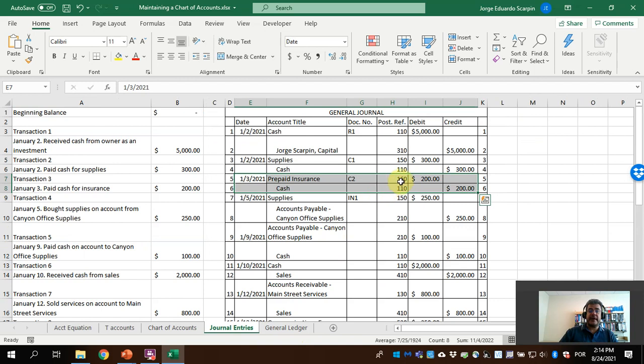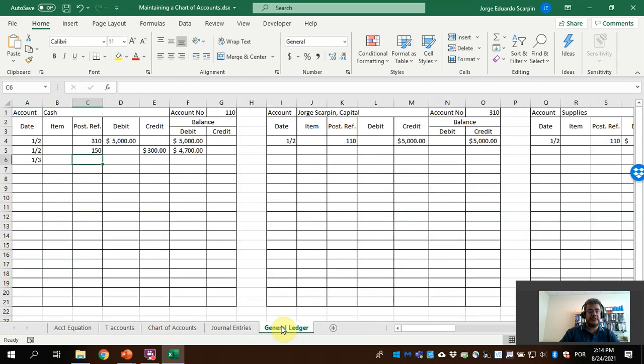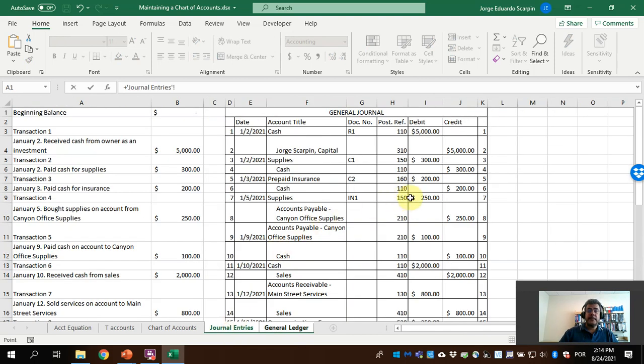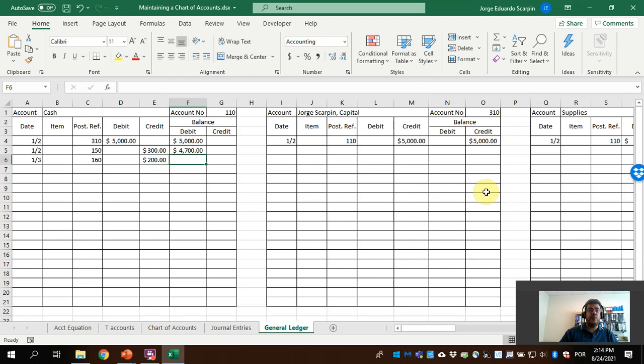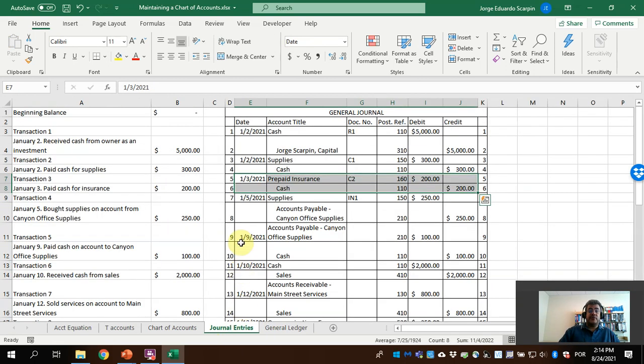The other account, prepaid insurance, 160. A credit, 200. And we can copy and paste the formula. Ctrl-C, copy, Ctrl-V, paste. Our formula good.